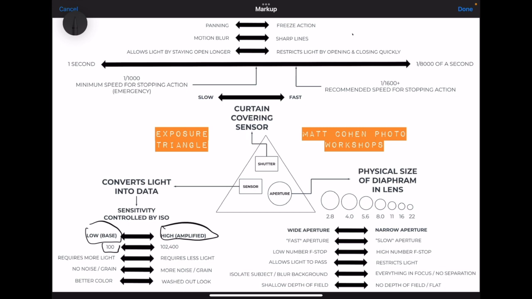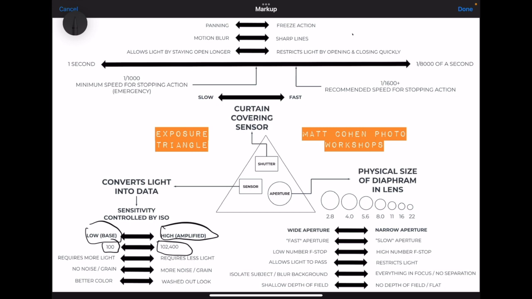So a low or base ISO would be 100, and some of the highest ones I've seen 102,400. So this is really amplified, right? And if you think about your car stereo, when you blast it too high, it sounds distorted and staticky, right? But it sounds better if it's down, in the medium kind of range, right?